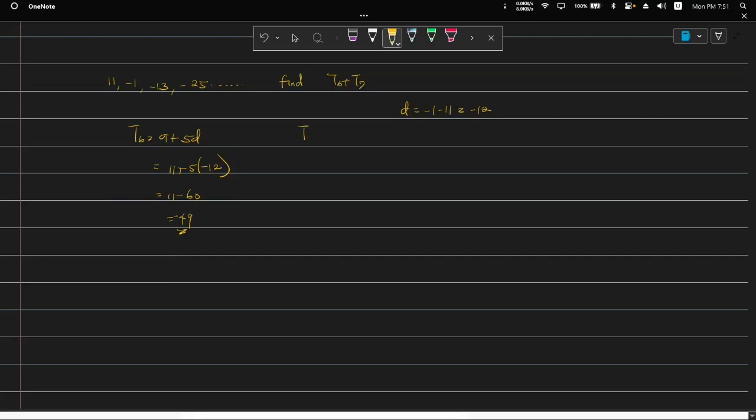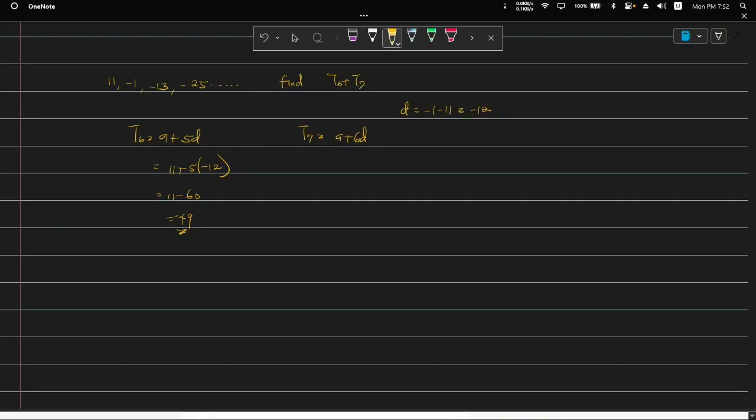What about T7? T7 is going to be A plus n minus 1 D. 7 minus 1 is 6.